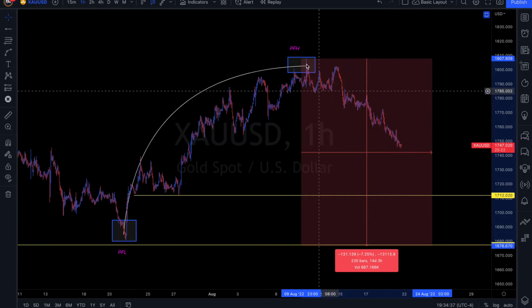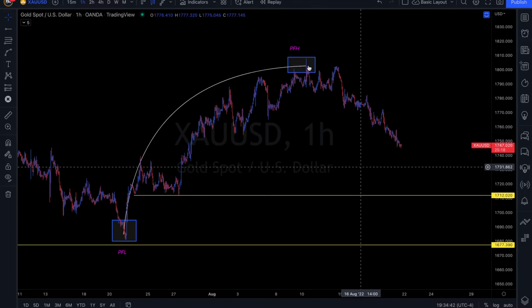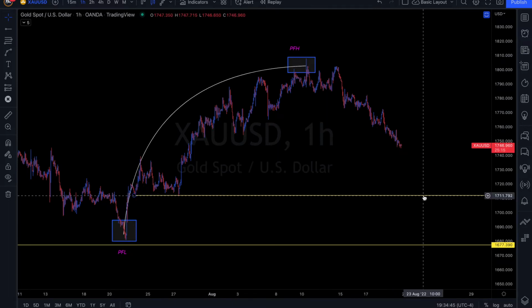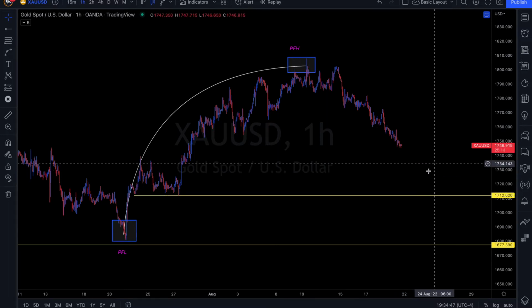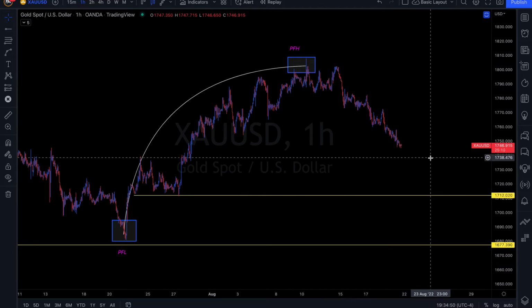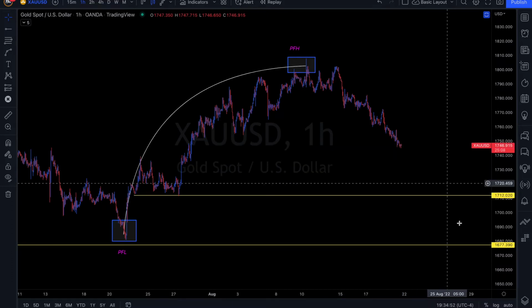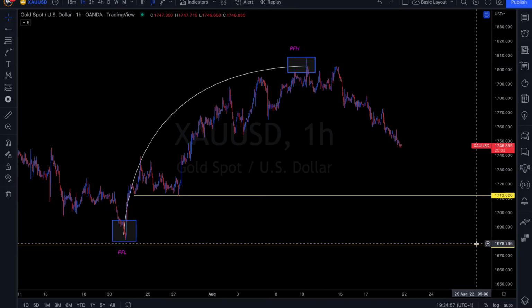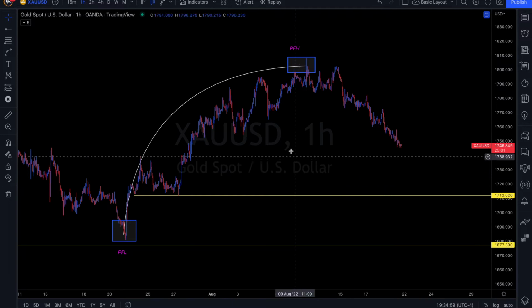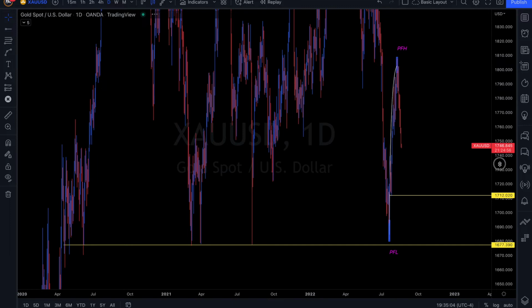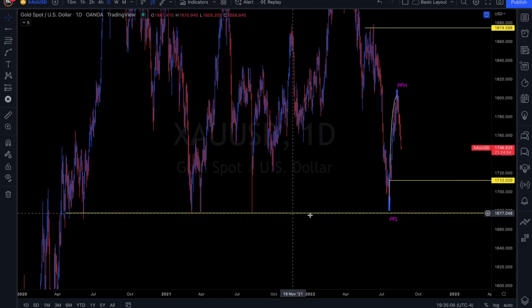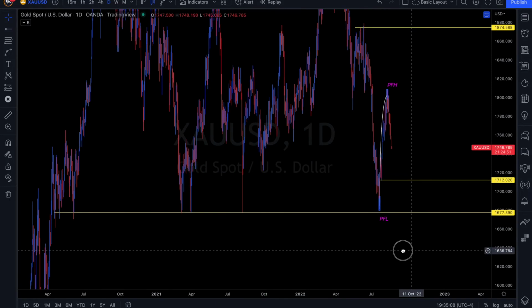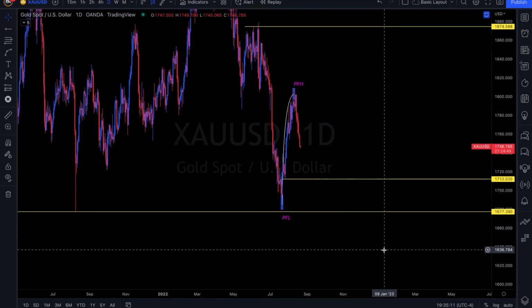So in order for price action to come all the way down here, we would first need to complete a cycle to here, go back up for, let's say, 1 or 2 times ADR, grab some more liquidity, and then go back down. That would give us a second cycle. So if price action wants to come all the way down to this bottom here, it's going to have to create 2 cycles to do that.